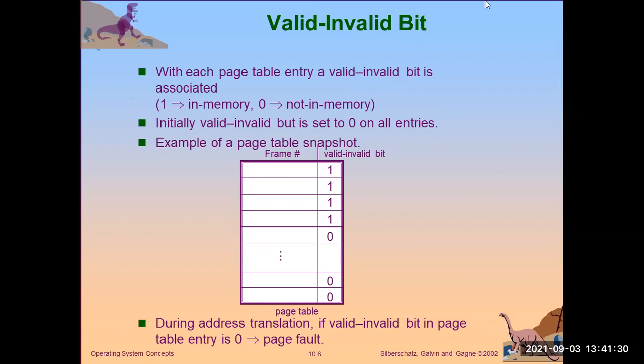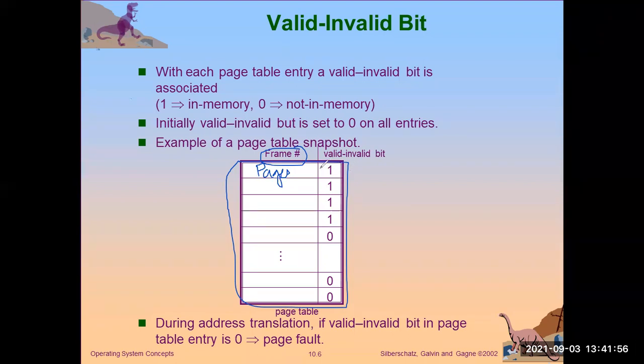Now, as you can see in this table, this is a particular page table. This page table consists of two columns. One is going to store your frame or pages, and each of these pages has a certain bit.